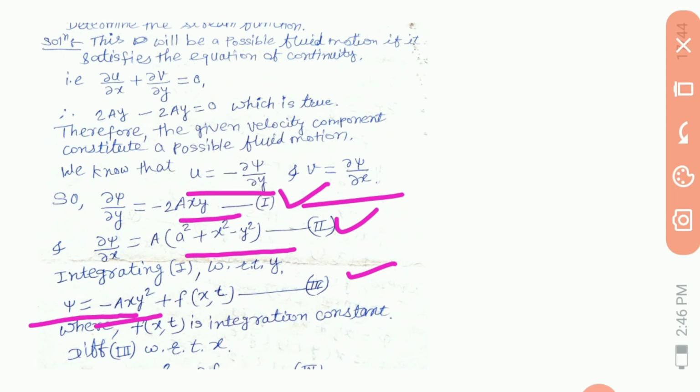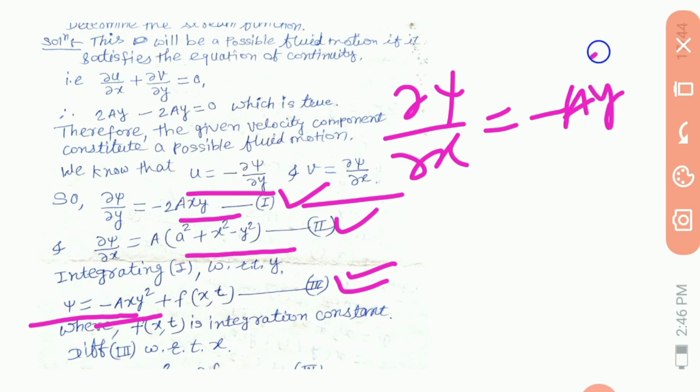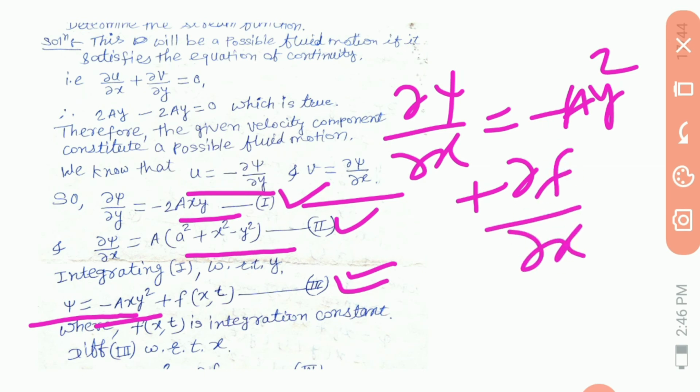Dou psi by dou x. Differentiate this with respect to x. We get dou psi by dou x is equal to minus a y square plus dou f by dou x. Suppose this is number 4.